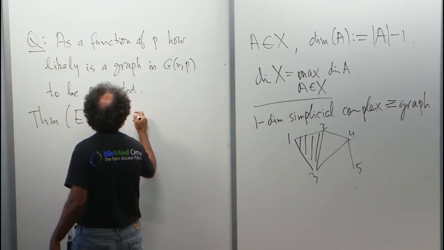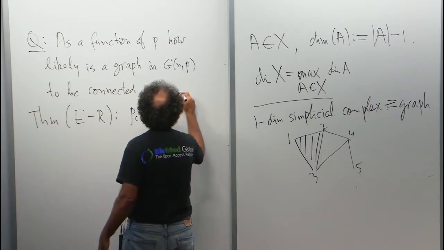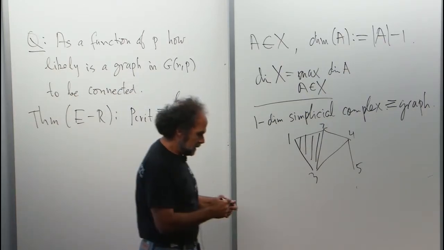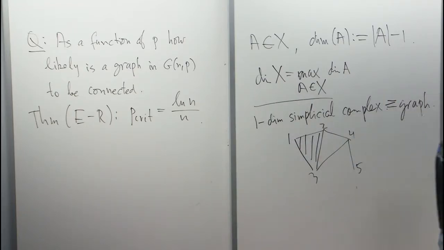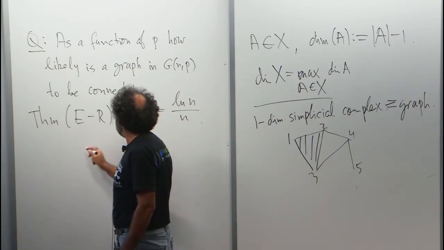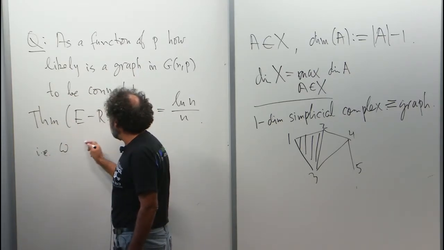The critical p for connectivity is ln n over n. Okay? It can be stated in very, very precise forms, and this is understood to a fantastic detail. But just to tell you the strongest form, let's say, there are even stronger things than this, I will tell you in a minute.